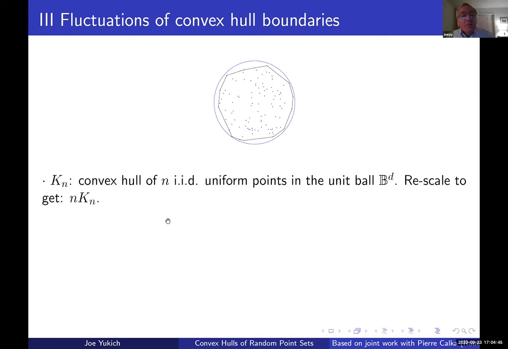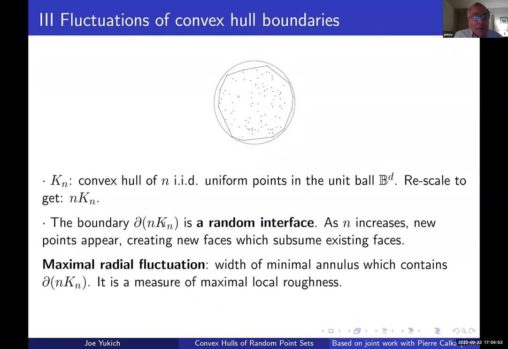Okay, so here we're taking the convex hull and we're going to blow everything up by a factor of n. And this now gives us a random interface denoted by this notation here. As n increases, two things happen. The interface is scaling and blowing up, but at the same time, we're adding new points.